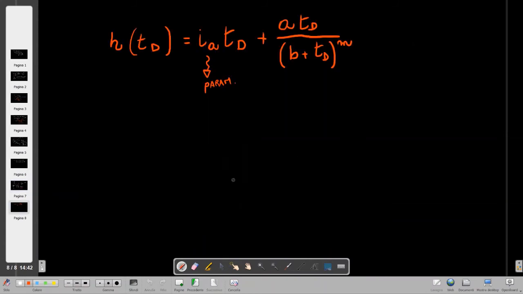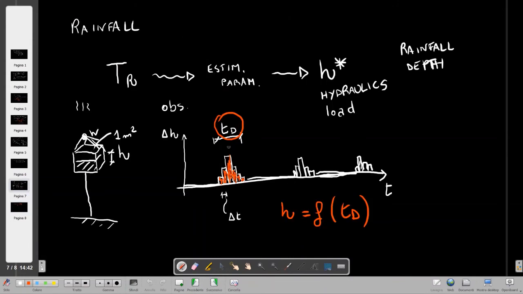Now if we come here, we can take, just for example, this event during which the rainfall depth is equal, say, H1. We can define a kind of average intensity.